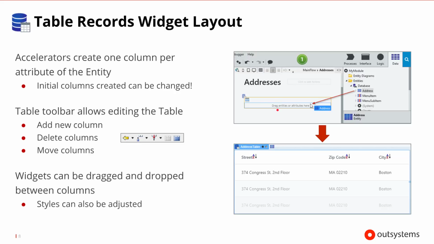And then it will actually tell us that we need to drag an entity or an attribute here. So if we grab the address entity and drop it in here, it will immediately look at the address entity and it will go ahead and choose its attributes and create the table for us because it knows what those attributes are. In this case, there are 3 of them, so it's fairly easy.